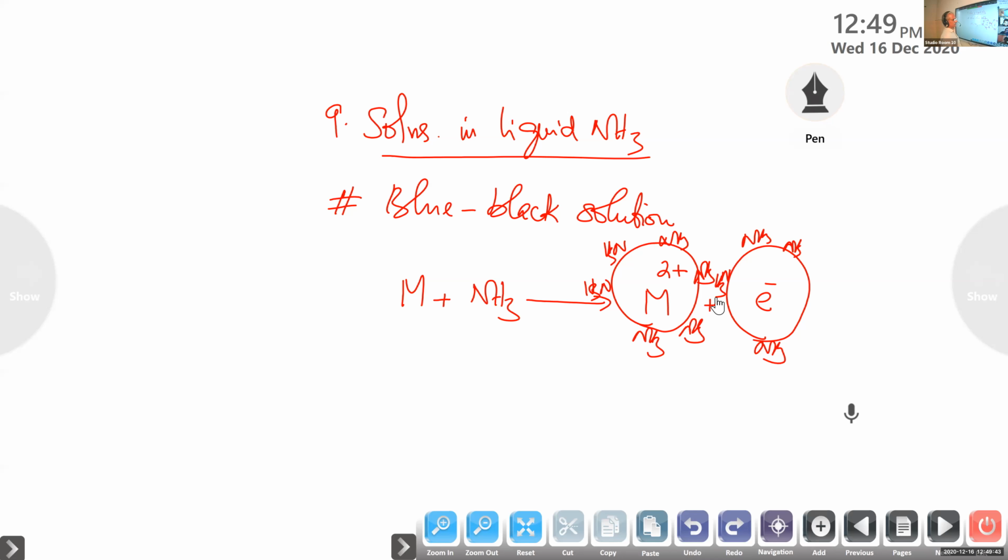Due to the presence of unpaired electrons, the solution is paramagnetic. Due to the presence of ammoniated ions and ammoniated electrons, the solution is also a good conductor of electricity. All these things we have seen in the case of alkali metals.